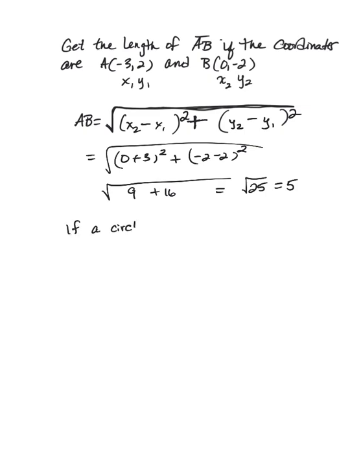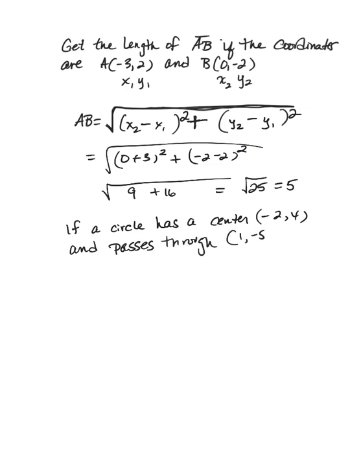Okay, if a circle has a center (-2, 4) and passes through (1, -5), what is the length of the diameter?